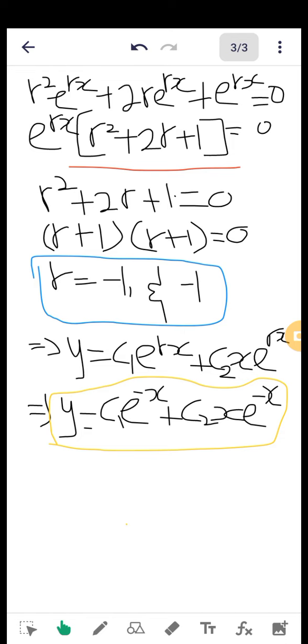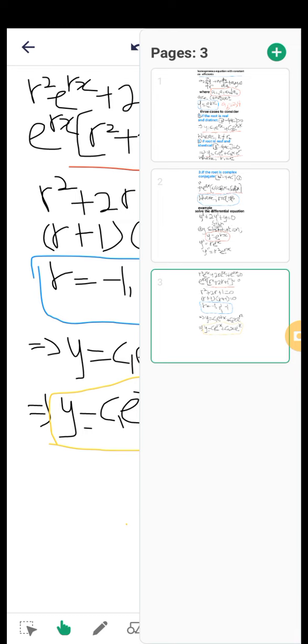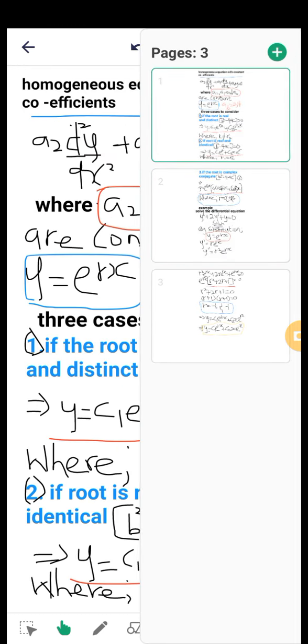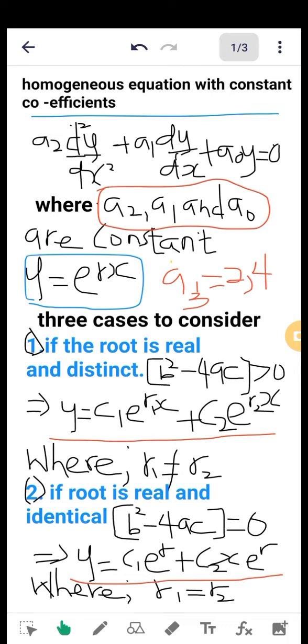So we get to our case where r1 is equal to r2. From our case 2, if the roots are real and identical, this is how the general solution is going to be. So we just write our general solution.